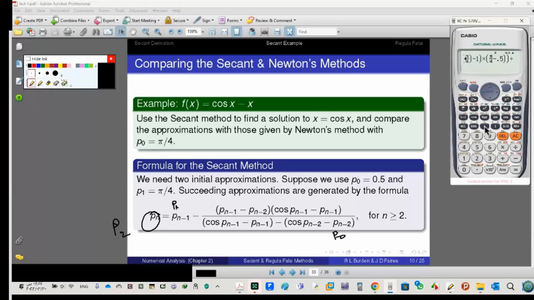Divide by cosine, just a minute. Cosine pi over 4, minus pi over 4.